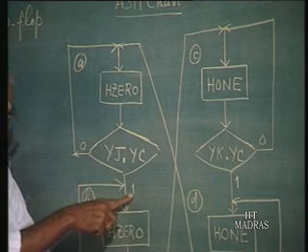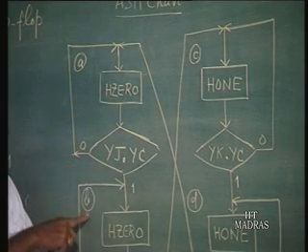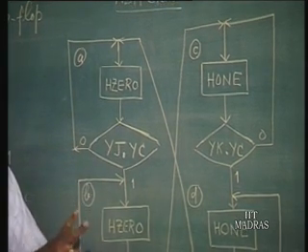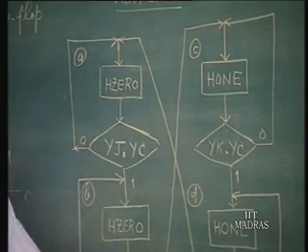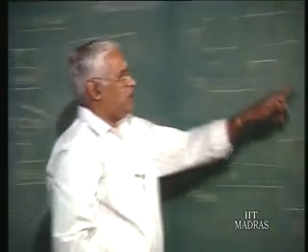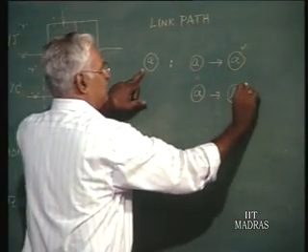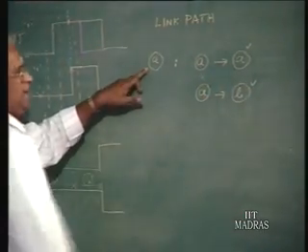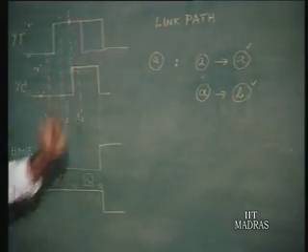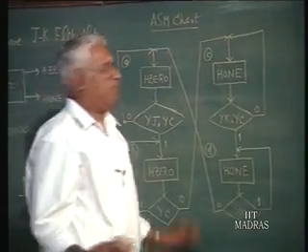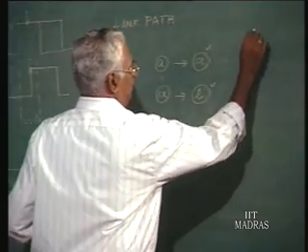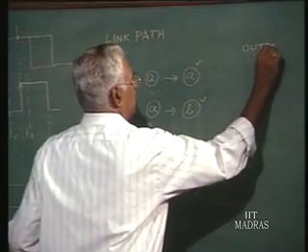If Yj, Yc were 1, there is a state transition from A to B. So for this present state A, there are two possible next states. In one case it's A, in another case it is B. And output generated in both the cases happens to be H0. Okay, that's as far as the output part of it.